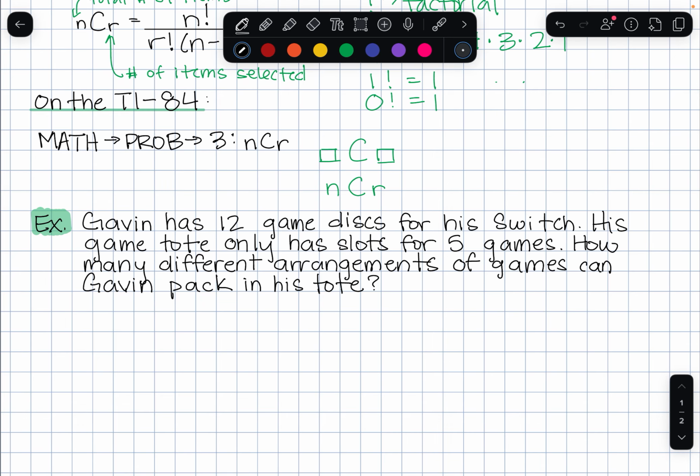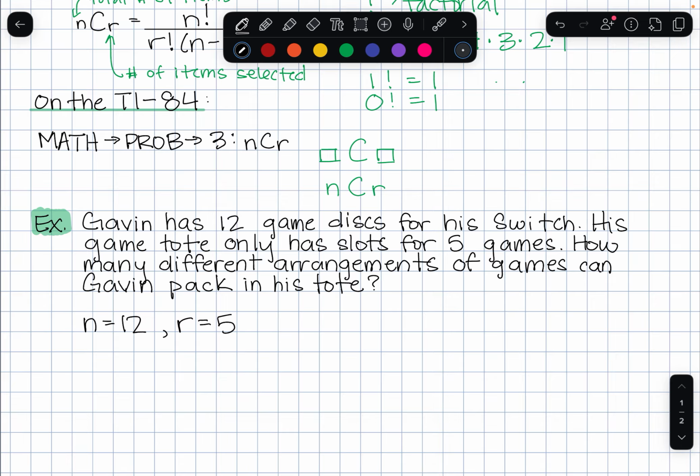So Gavin has 12 game discs for his Switch. His game tote only has slots for 5 games. How many different arrangements of games can Gavin pack in his tote? First thing, I know I have 12 objects, so n is 12. I am selecting 5 from those 12 to put in my tote.